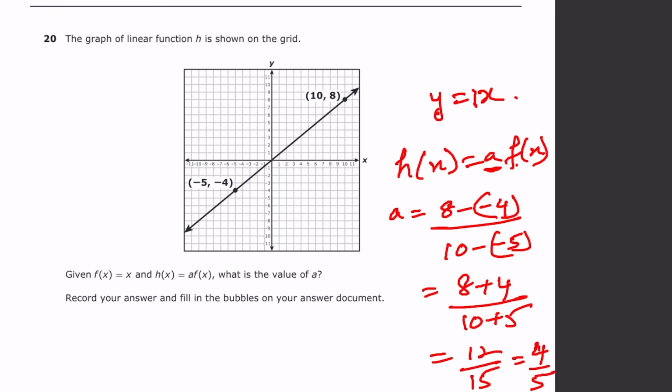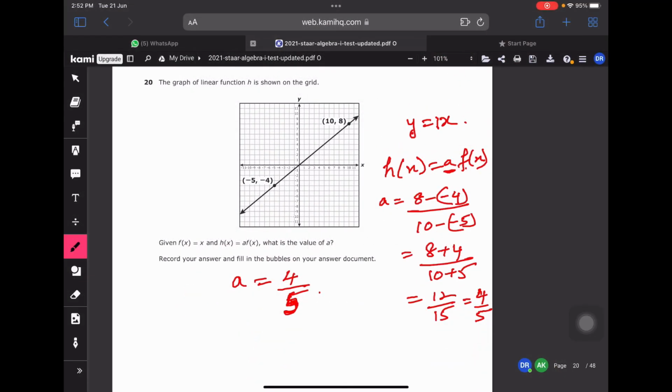So the answer is a value is equal to 4 by 5. This is the answer. A is equal to 4 by 5. So this is equal to 0.8. So you can put this in the box. This is the answer.